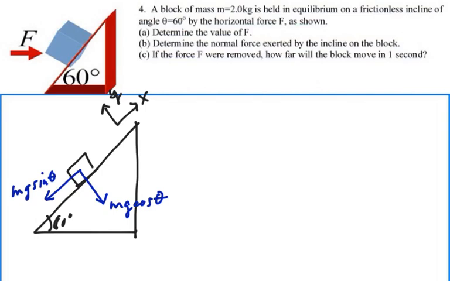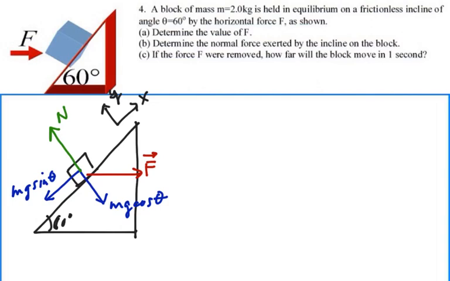We also have an F force, which is coming straight out like this. And then we also have a normal force, which is perpendicular to the incline like this. All the forces are cooperating with our x and y, the components of gravity and the normal force, except for this F force.